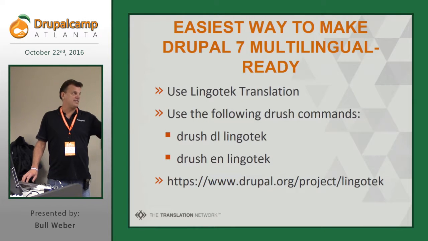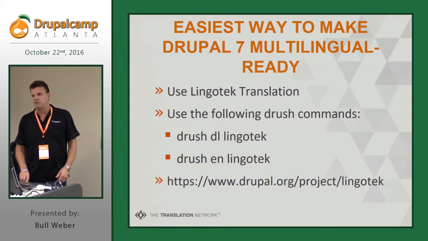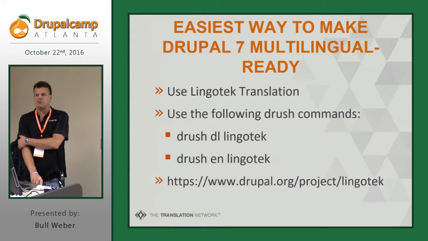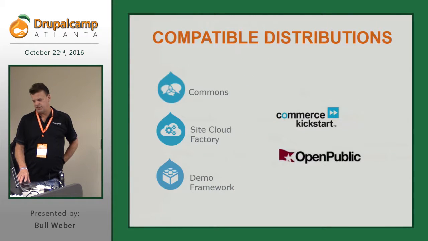It works very well. It's easy to do. Most of the heavy lifting and hard work has already been done. So if you've got a Drupal 7 site that you want to translate, I think we have the best solution for that. But it's a little bit of evangelizing about Drupal 8 is kind of what this presentation is.